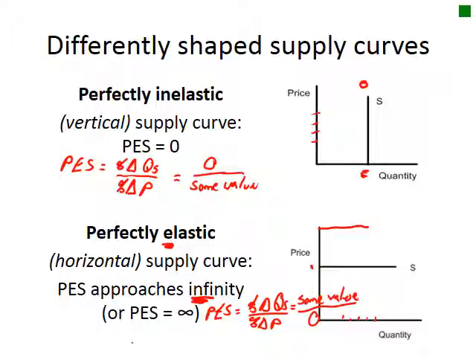Perfectly elastic. Again, if we were to draw another line up here, it looks like an E, so we know this one is the perfectly elastic. PES approaches infinity in this case. So again, if we look at the formula, percentage change in quantity supplied over percentage change in price. If we moved along here, we know that we could have some value for the numerator, but we see that the price remains the same, so it's over 0.